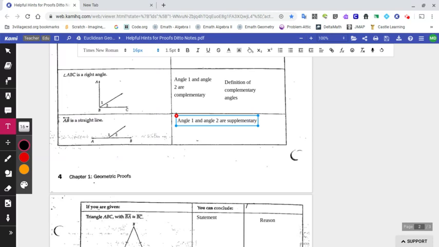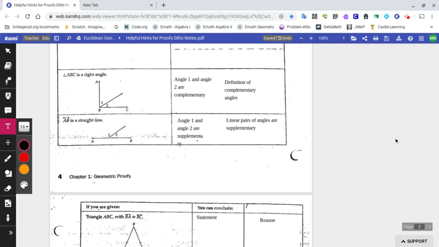Did I spell that right? Yes, supplementary. And the reason I'm going to give is that linear pairs of angles are supplementary.